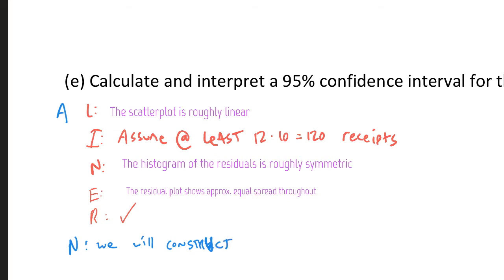We will construct a, what is this thing called? I haven't taught you that yet. So we're going to call it just simply a t interval for slope, or you could put beta, and that's it. And then you know it's chapter 12 because slope. We're not talking about x bar, p hat, chi-square. No, we're talking about slope.